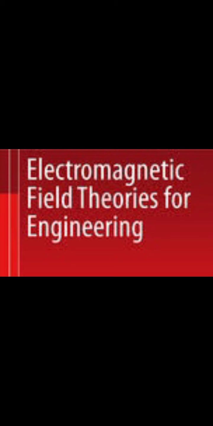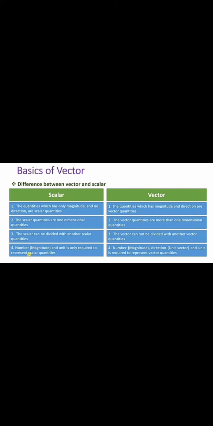Okay, now comparing, first the scalar. Scalar is only magnitude. There is no direction. Scalar is a magnitude, a particular value.